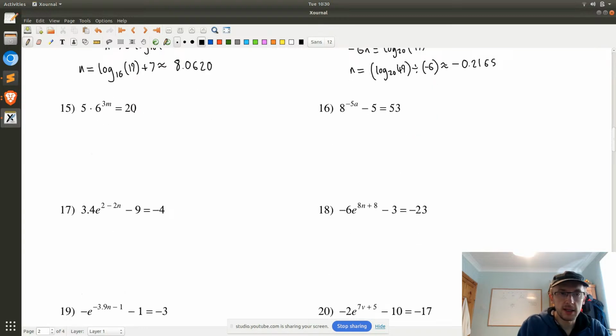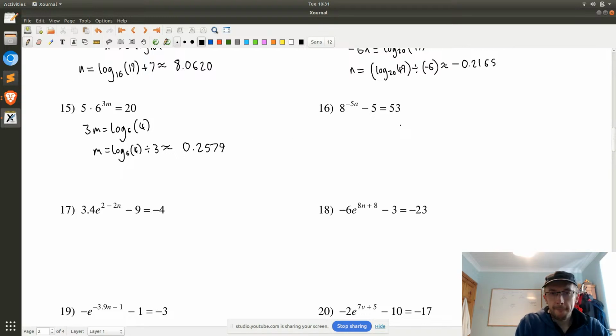Divide both sides here by 5, so we get 4 on the right. Log base 6 of both sides, so 3m equals log base 6 of 4. Then divide both sides by 3, so log base 6 of 4 divided by 3. And we get 0.2579. Add 5 to both sides, so we get 58 on the right.